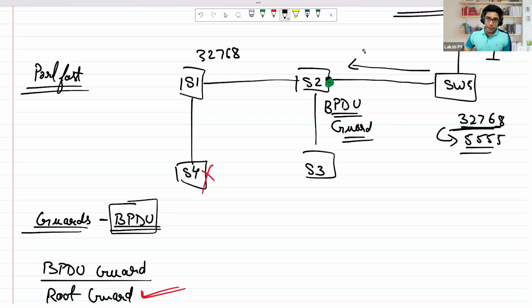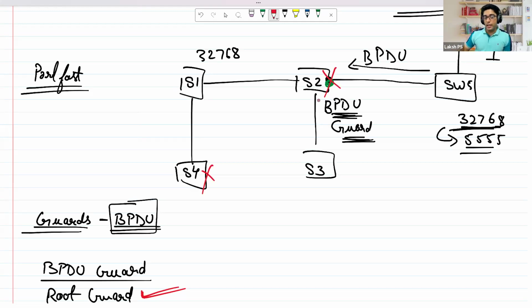If I receive a BPDU, that BPDU can be a better BPDU or a worse BPDU. I don't care. If I receive a BPDU on the BPDU guard enabled interface, I will block this interface. I don't care if it's a higher BPDU, lower BPDU. It is a BPDU. I received a BPDU, I'm going to block this interface.